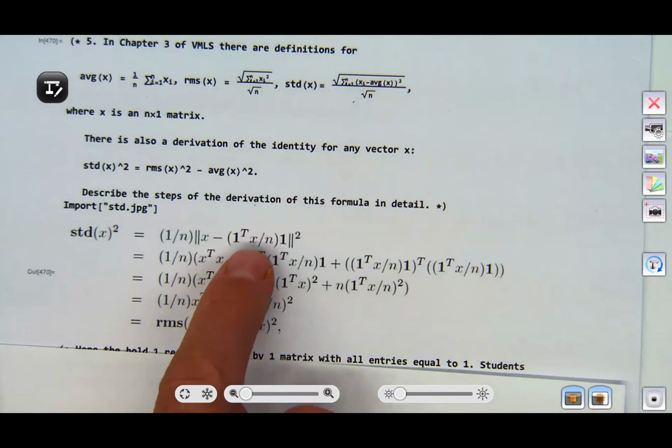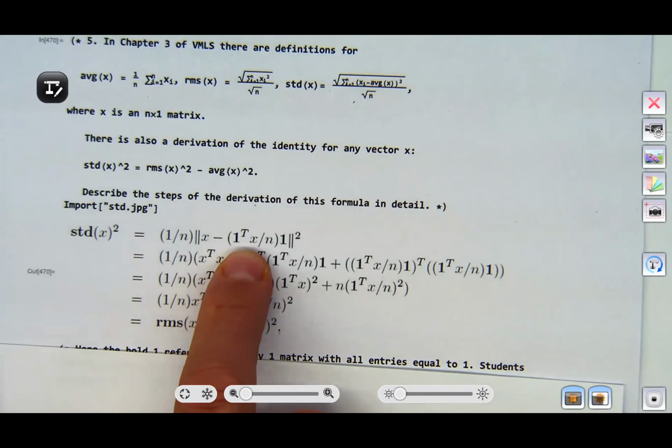So this inside the round bracket there, that is the column vector with 1s in the entries transposed. So that is now a row vector with 1s in the entries. And it's multiplied by the column vector x. Okay, so think about what that does.